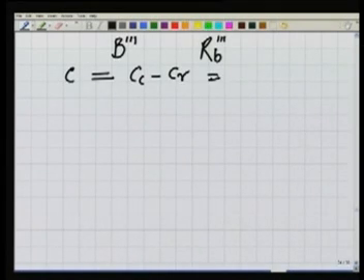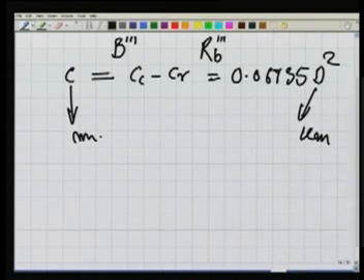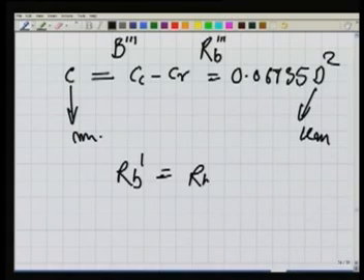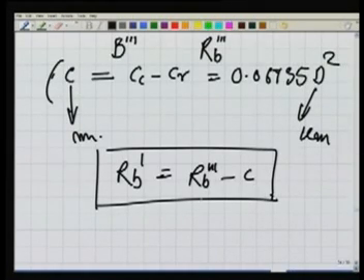If you compute it, this value comes out to be 0.06735 d square. Again, d is in kilometer and this correction is in meter. So, my actual reading, which I can say as RB dash, should be RB triple dash minus C, the total correction due to curvature as well as refraction.